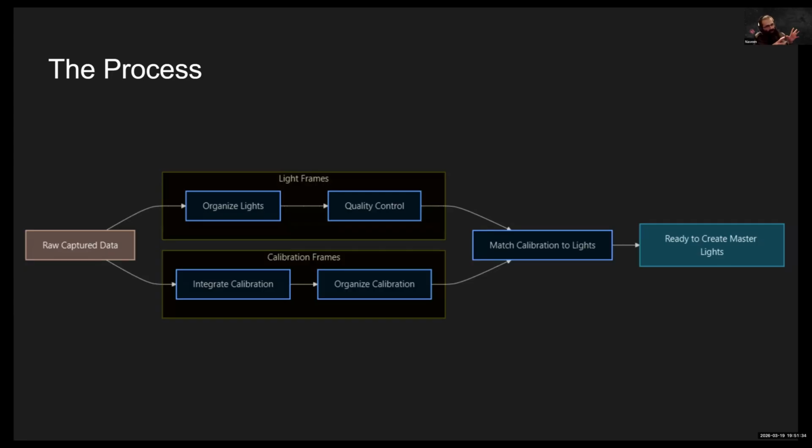And then once you have all that, you can bring those calibration frames to your lights. And then at that point, you could create a master light out of that because you've got your potentially bias, definitely, hopefully your darks and flats, and then your lights.